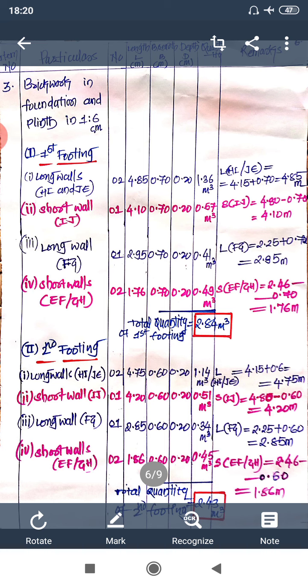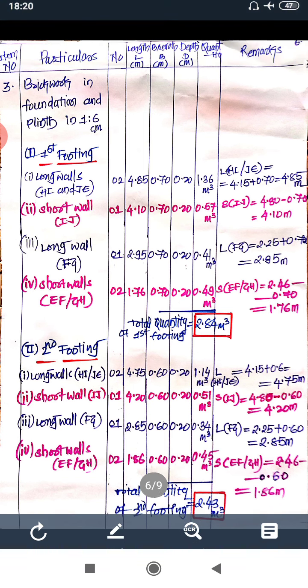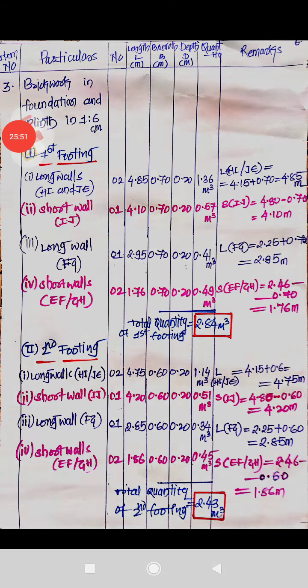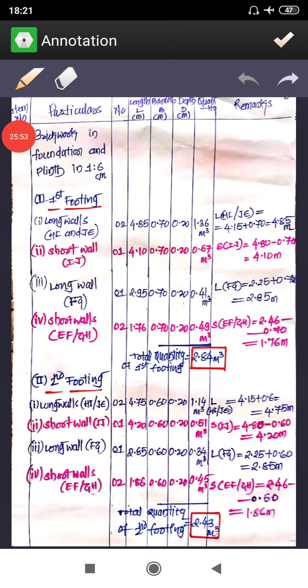Now for short wall IJ, it is one number, length is 4.10, width is 0.70, thickness is 0.20, and the quantity is 0.57 meter cube.